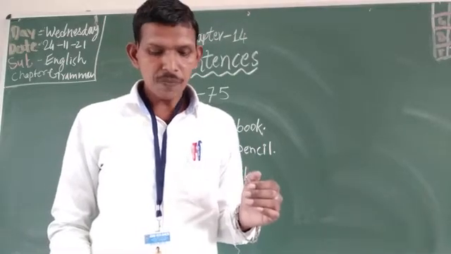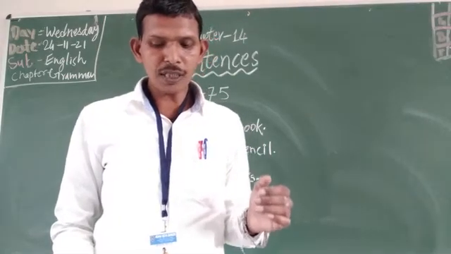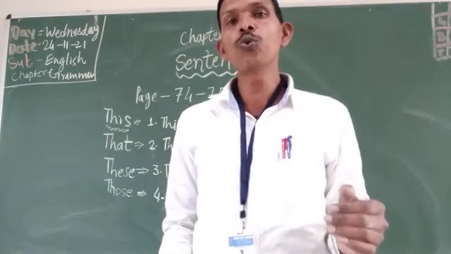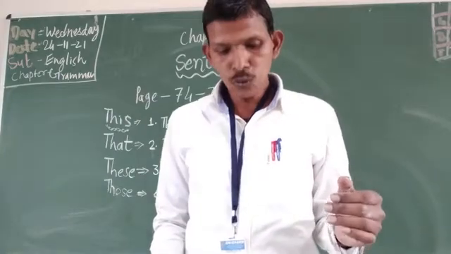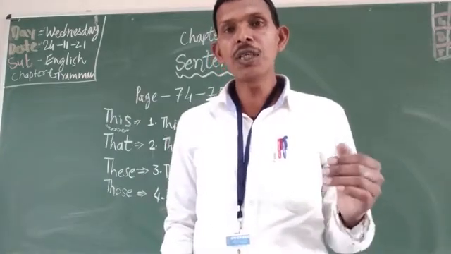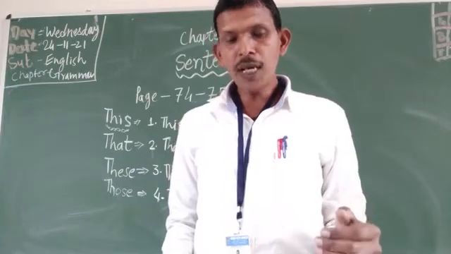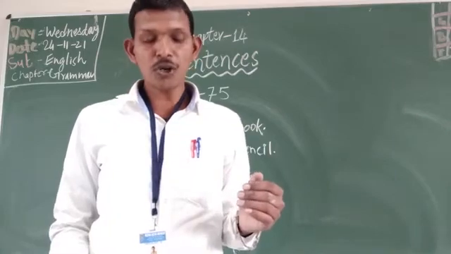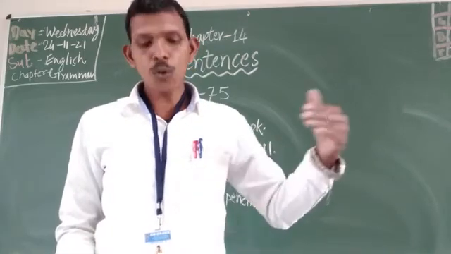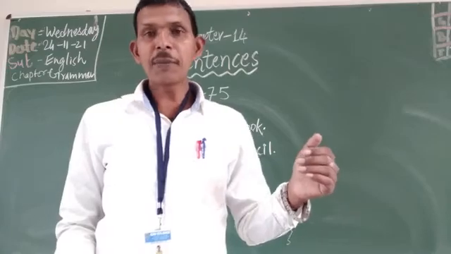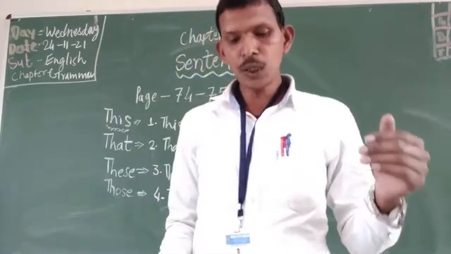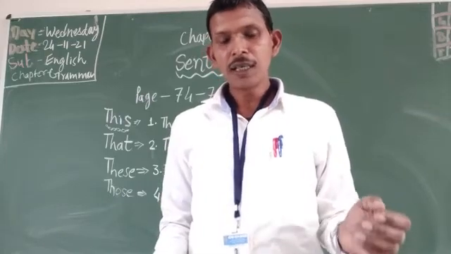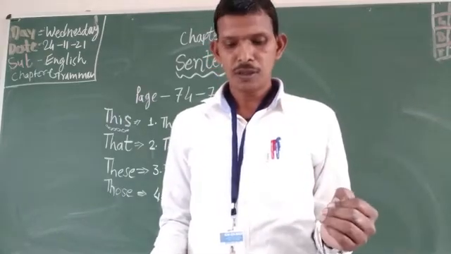We use these when we point to persons, places, animals, birds or things that are close to us, and we use those when they are far from us. It means we use these and those when they are in plural number.